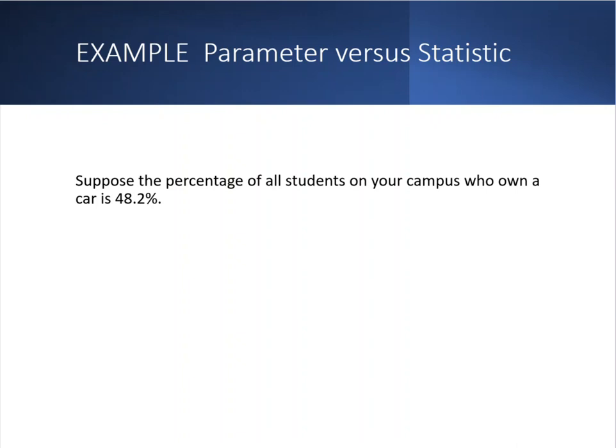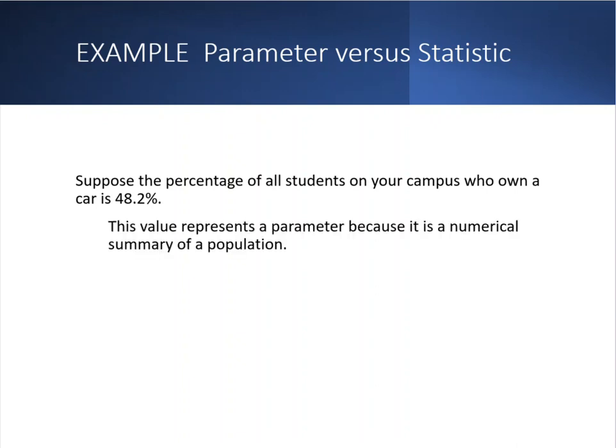So all of the students on campus that own a car is who we are looking at. And since I'm talking about all students, I have to therefore be talking about a population. Since we're looking at a population, that means that the 48.2% is a parameter. And as it says here, this is a numerical summary. It is a numerical value that we are using to describe the population.